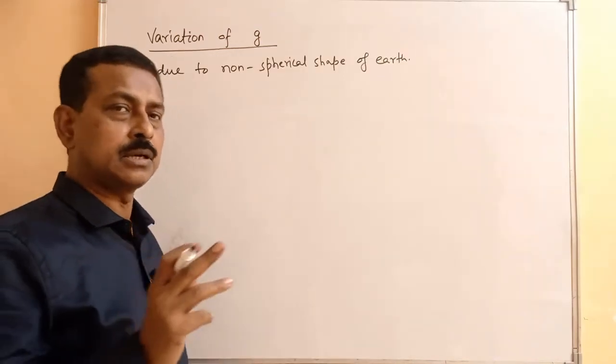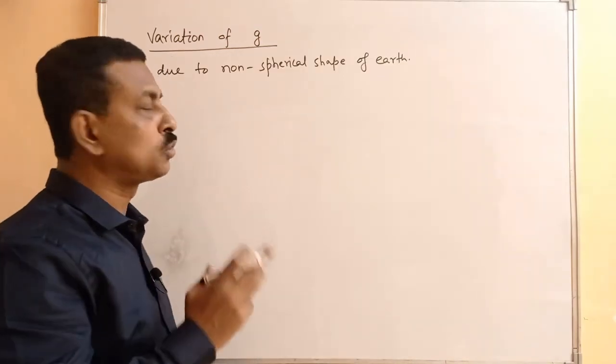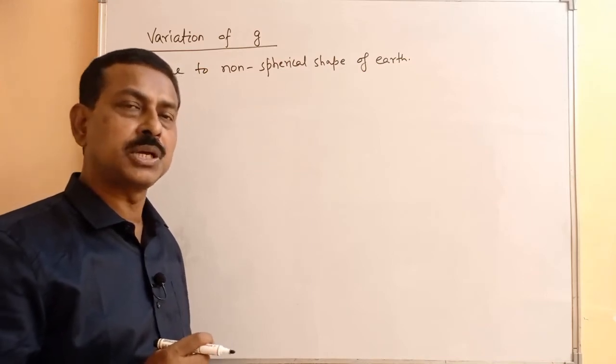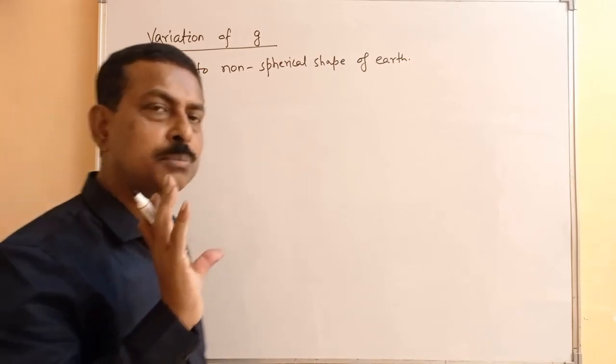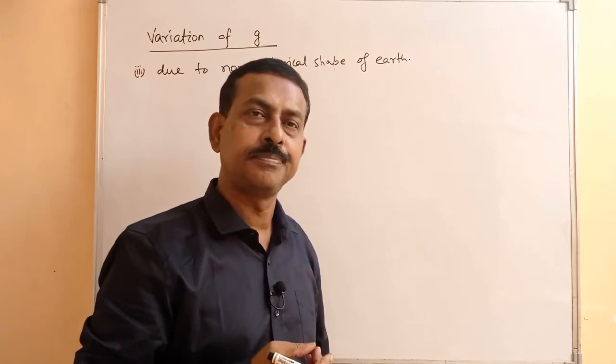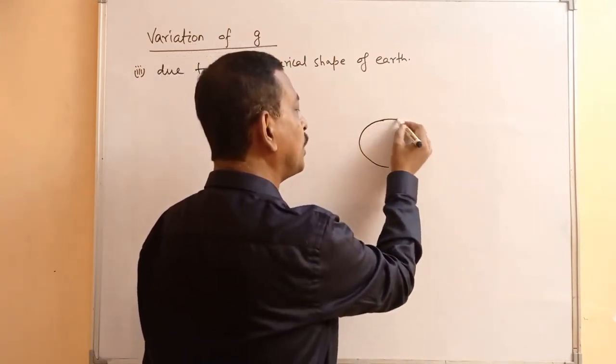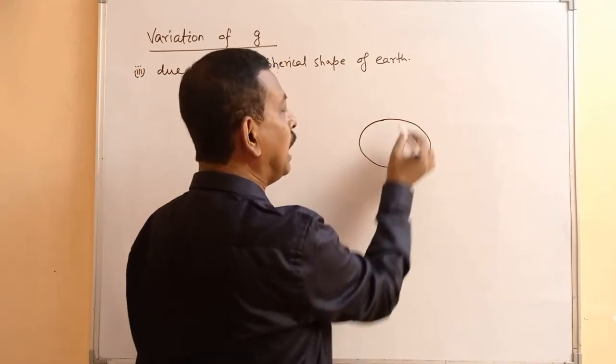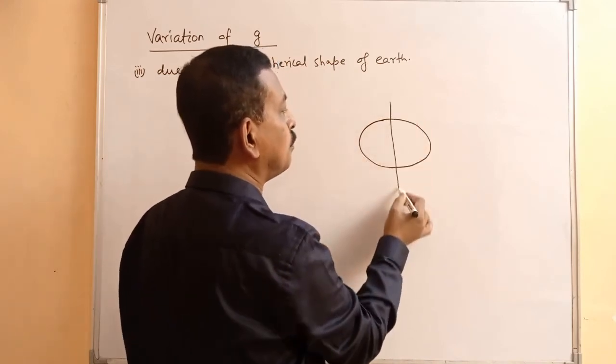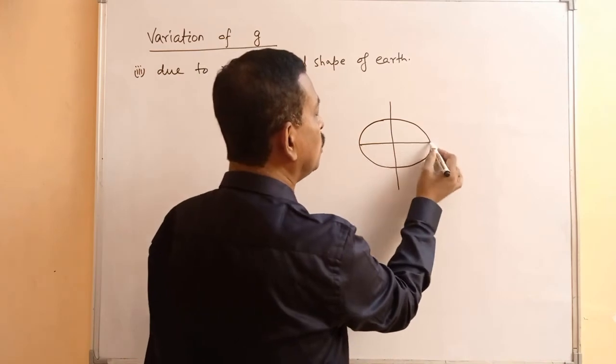Next factor is the variation of g due to the non-spherical shape of Earth. Earth is not perfectly spherical in shape. It is flattened at the poles and bulged at the equator.